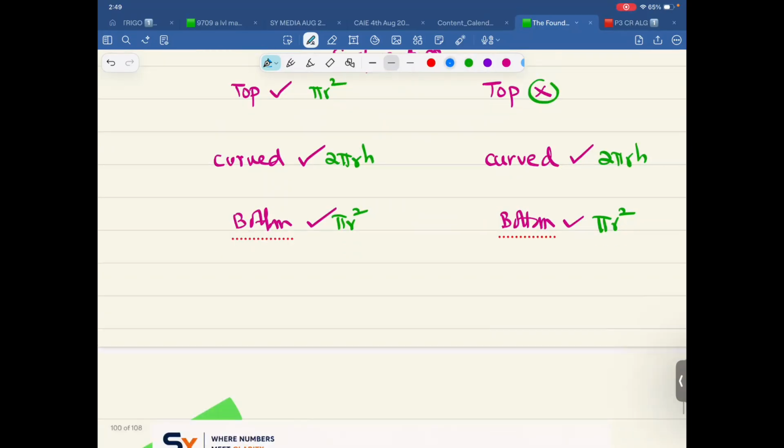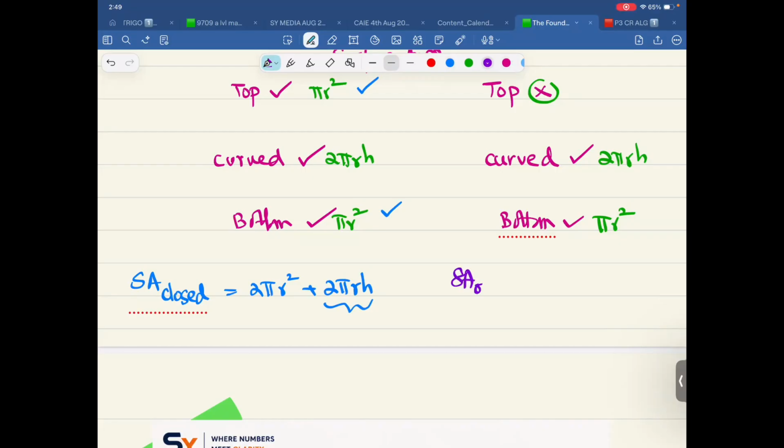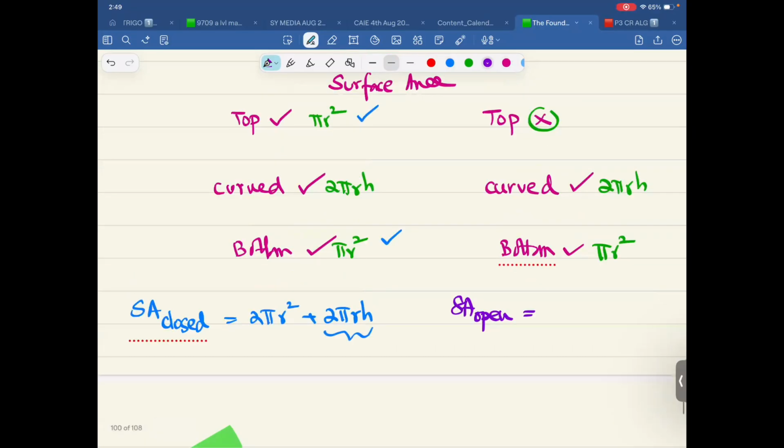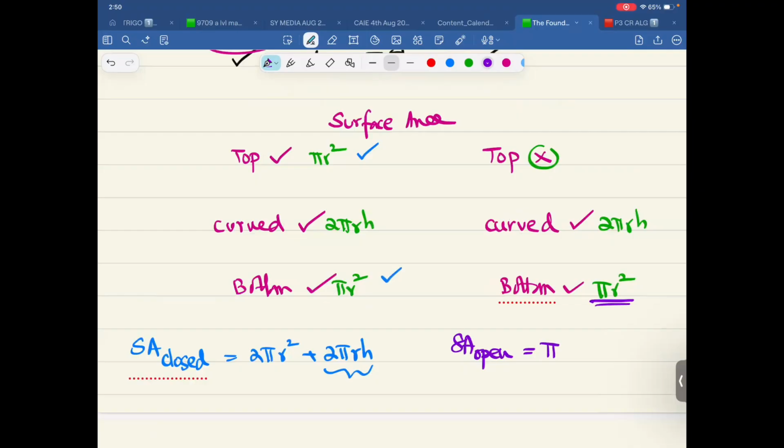That means the surface area of a closed cylinder is 2 pi r square plus 2 pi r h. A lot of people make a mistake in writing this. In the surface area of an open cylinder, there is only 1 pi r square, and still there is 2 pi r h.